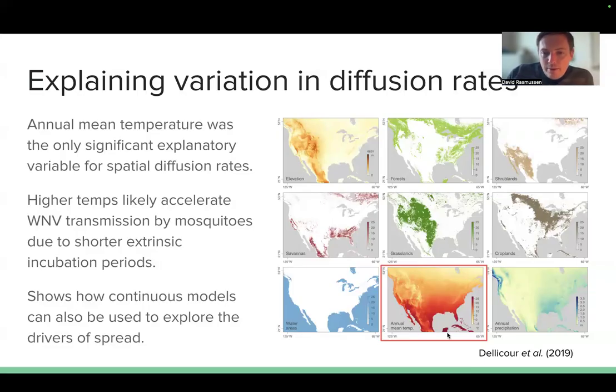And so that might explain why warmer temperatures facilitate the movement of the virus, and also why it seems like the way the virus was able to move across the continent was mainly through this southern route where there's warmer temperatures.